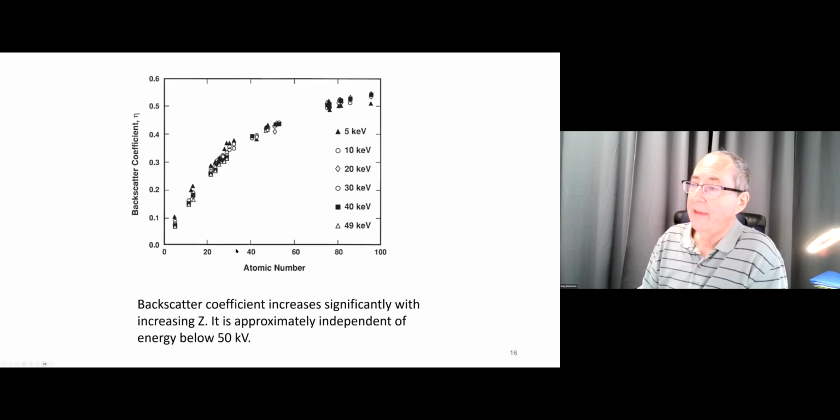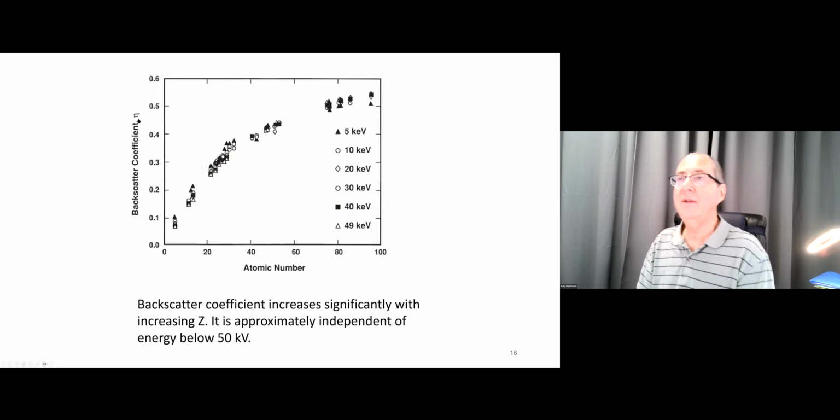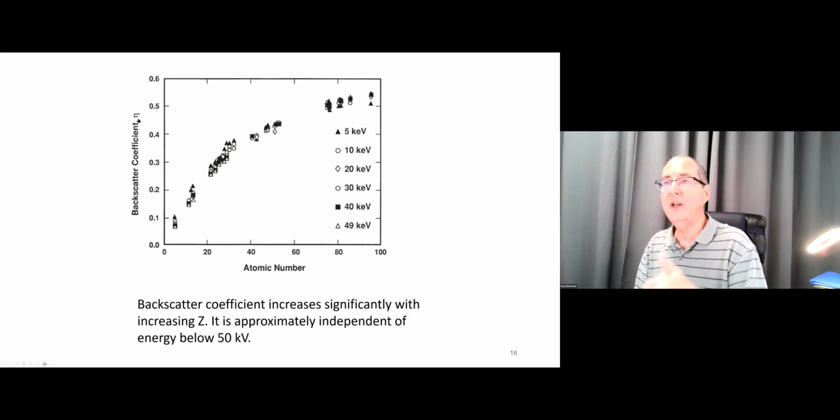Let me also point out that the higher the atomic number along this axis, the larger is the backscattered coefficient eta. And eta is the ratio, the fraction of total number of backscattered electrons to primary electrons.